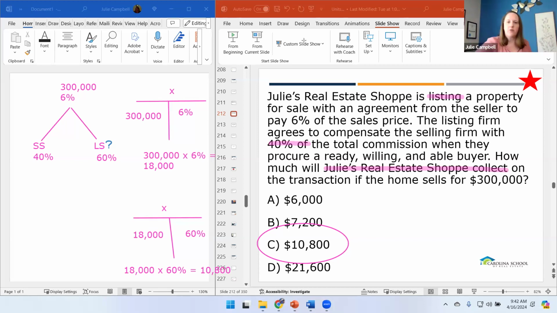The 60%, of course. So if the listing firm is paying the selling firm 40%, that means what we have left for us is 60. Total commission 100%. That split, of course, is a 40-60 split.